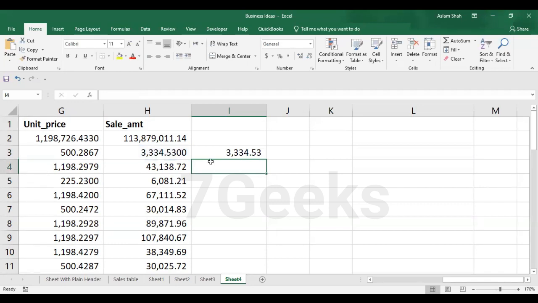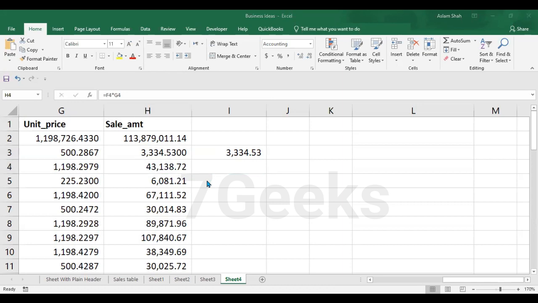This will round the values to 2 digits. That means it will remove all of the values that are on the right side of the decimal except the first 2 values. So it removed the 2 zeros and only left the decimal point 53.